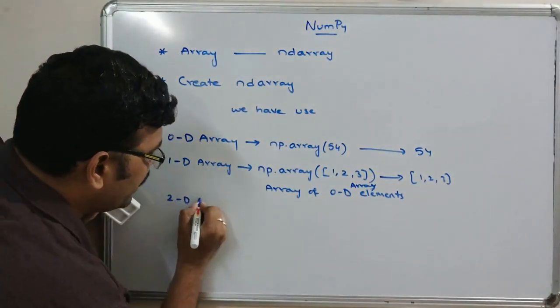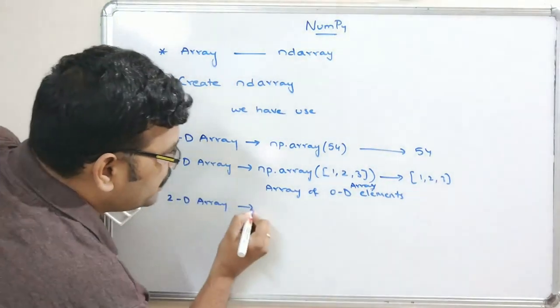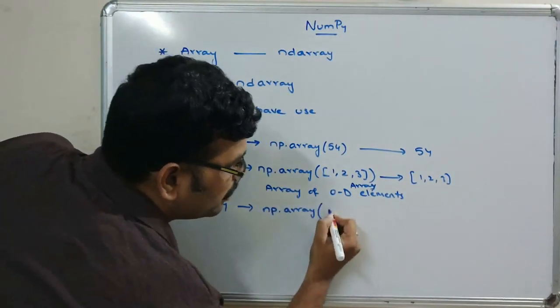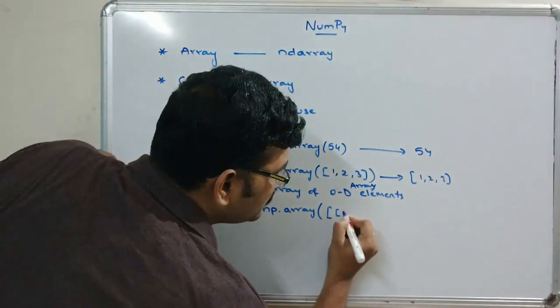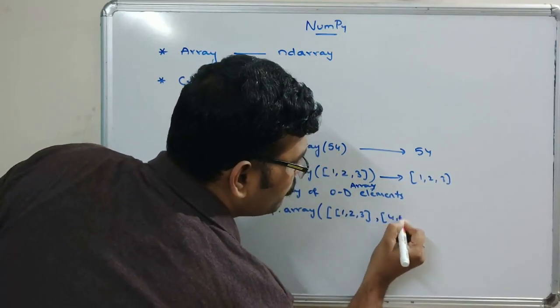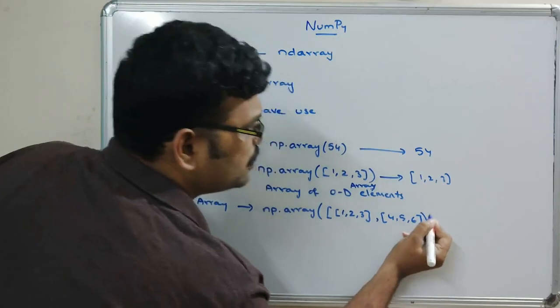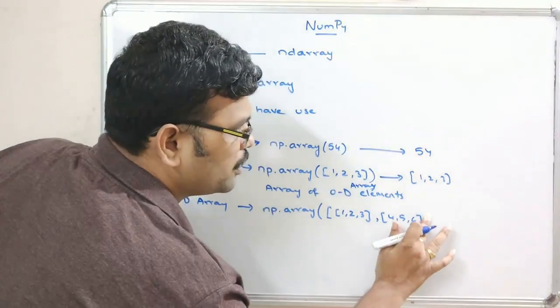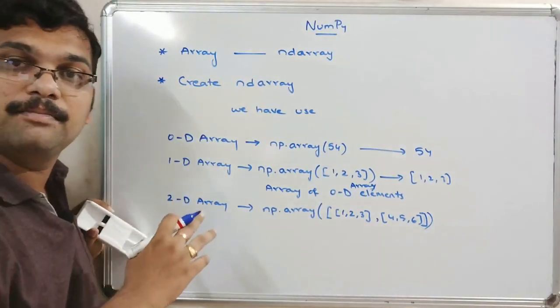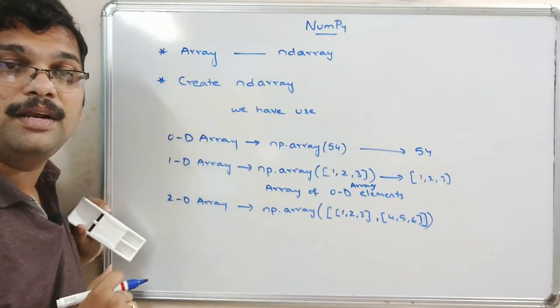Now similarly, 2D array. A 2D array means np.array, 2-dimensional. 2-dimensional means we have to pass two lists, sublists. See, 4, 5, and 6. Or you can go with the tuple also. Need not worry, I will show you everything by executing in the system, right?